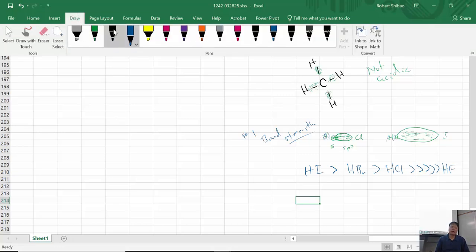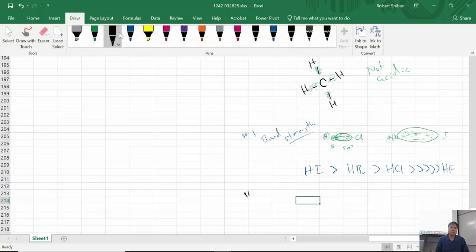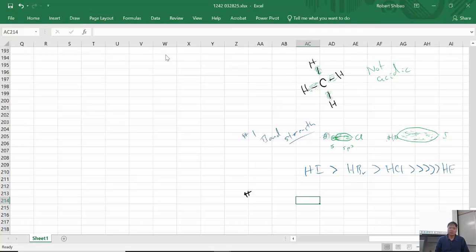But the number three thing we look at is the stability of the conjugate base.